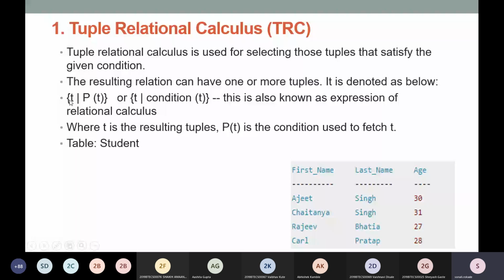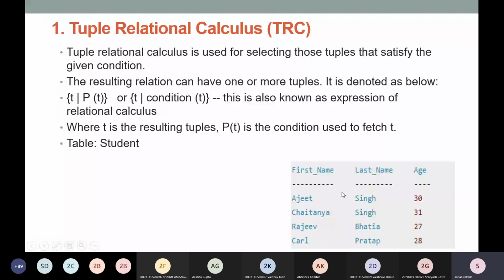Because we are applying a particular condition. Here P is called a predicate, or condition also. This is also an expression of relational calculus. T is the resulting tuples, P of T is the condition used to fetch them. So here is the table which is available.